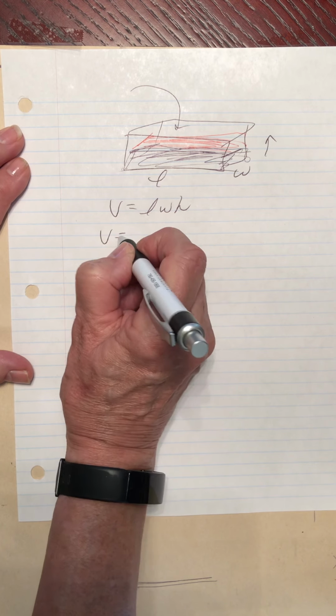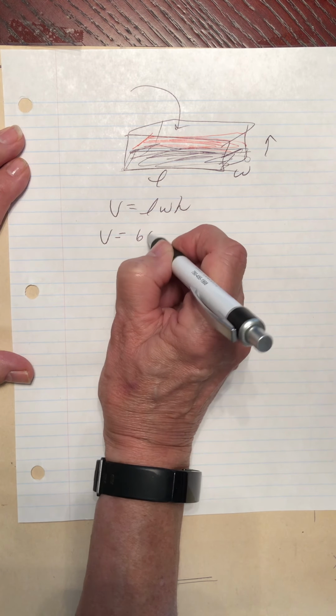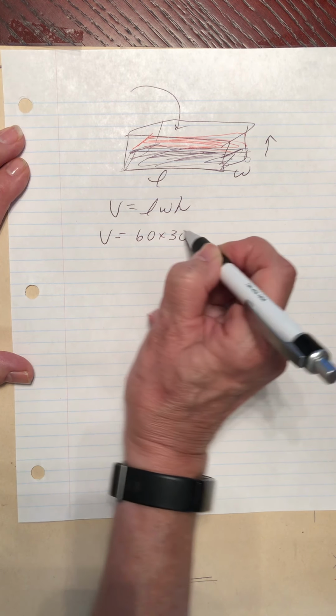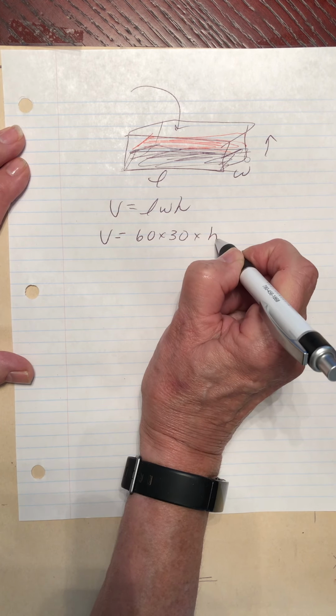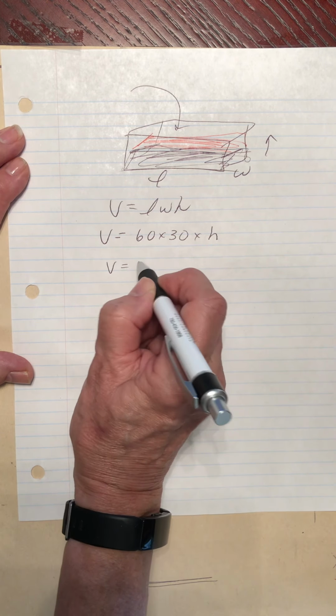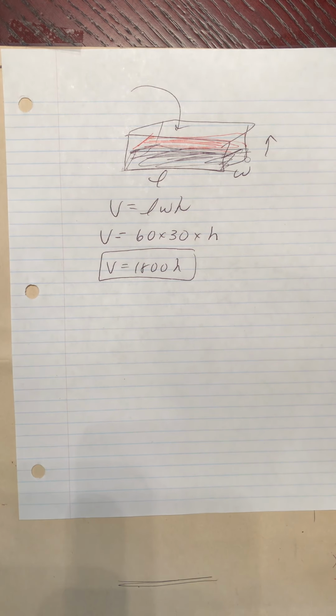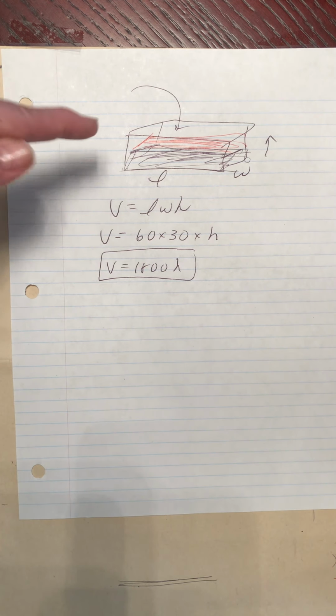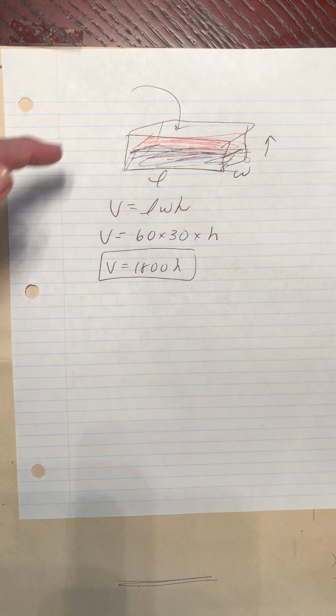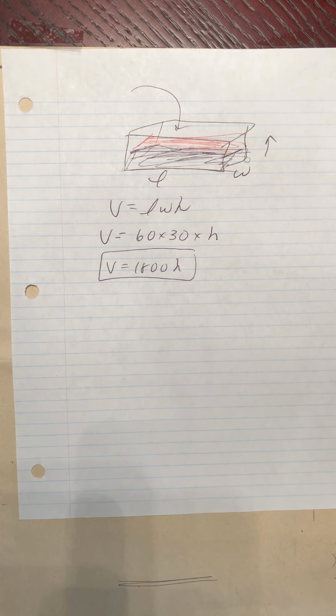The length was 60, the width was 30, the height is changing, but now when you work this out, you have a much more simplified formula. And this is representing that tank forever and ever and ever. Now you can differentiate that with respect to time and see what you're left with. Okay.